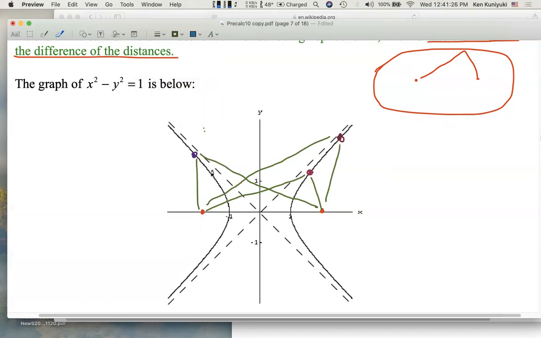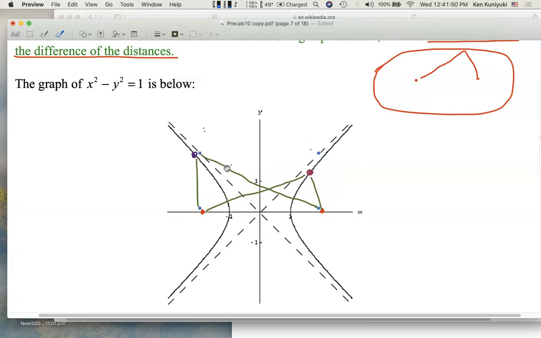The longer distance minus the shorter distance, that'll stay the same. We talk about absolute value because sometimes the longer distance is to this focus, sometimes it's to this focus. But bottom line, the longer distance minus the smaller distance will stay the same for the points on both branches of the hyperbola. That's the locus definition.